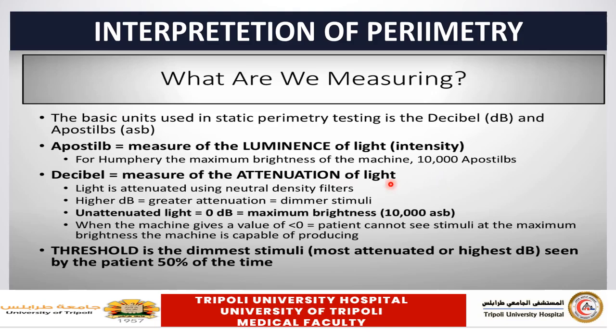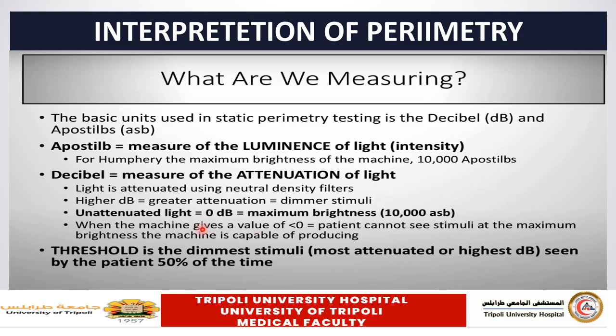And the decibel is a measure of the attenuation of the light. Remember, decibel stands for depressed by. So the light is attenuated using a neutral density filter. A higher decibel attenuation means greater attenuation, and accordingly the light will be dimmer. So if you attenuate the light more, it will be dimmer.